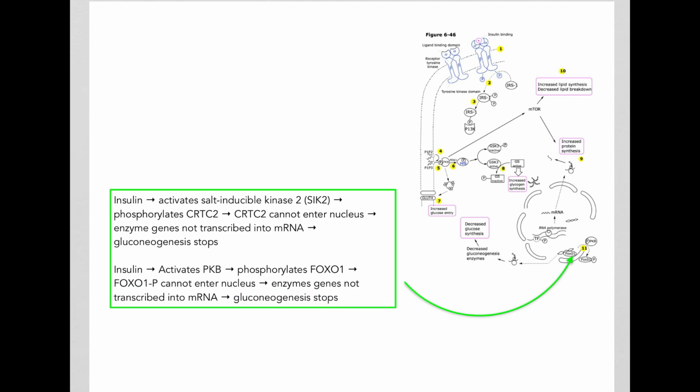So here's a good example of how insulin prevents transcription and thereby prevents the formation of enzymes. In case of gluconeogenesis, these two enzymes, and without these enzymes, gluconeogenesis will not happen, and that's why we do not see glucose synthesis in the liver after a meal when insulin levels are high.